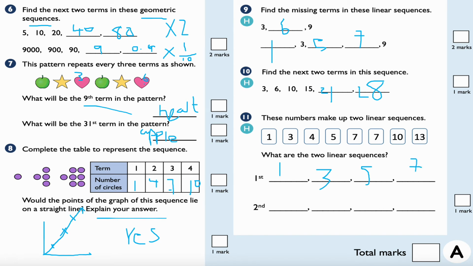Another sequence that I could have would be... oh no, sorry, it'd be 4. So 4, 7, 10 and 13 because I'm adding 3 each time.